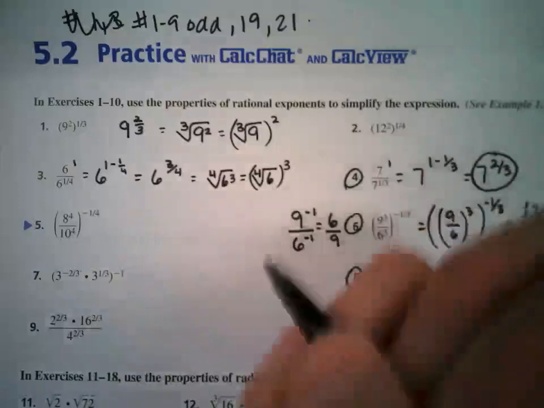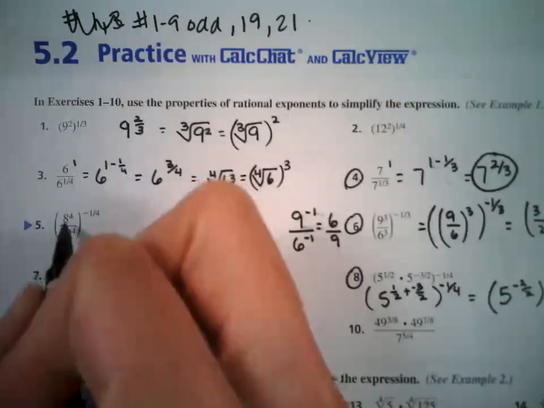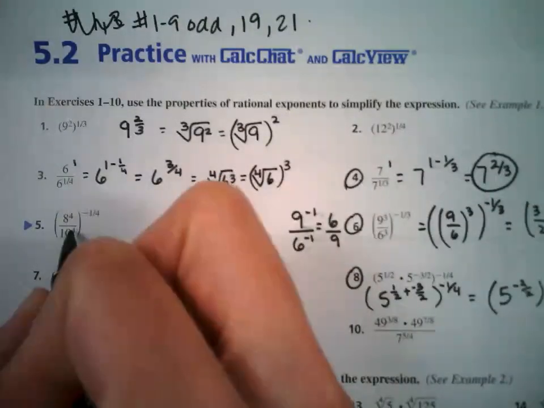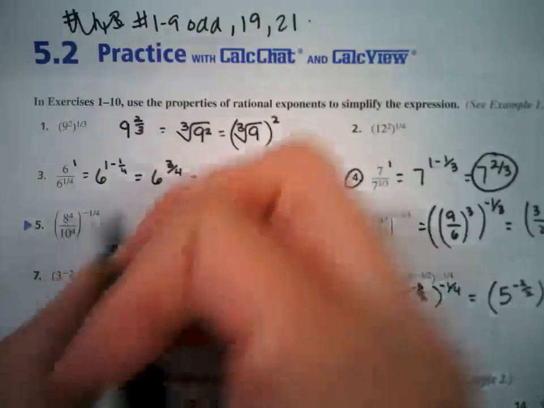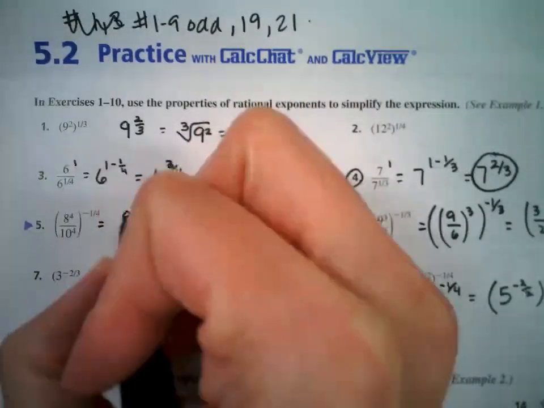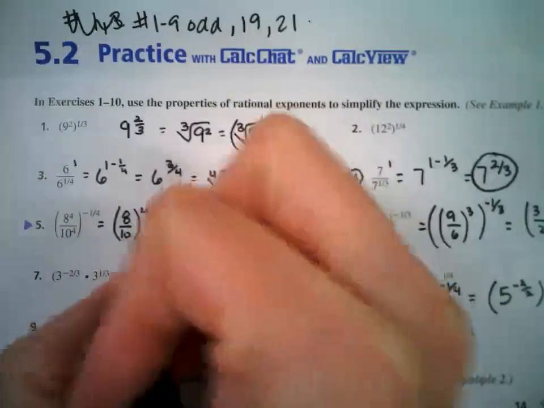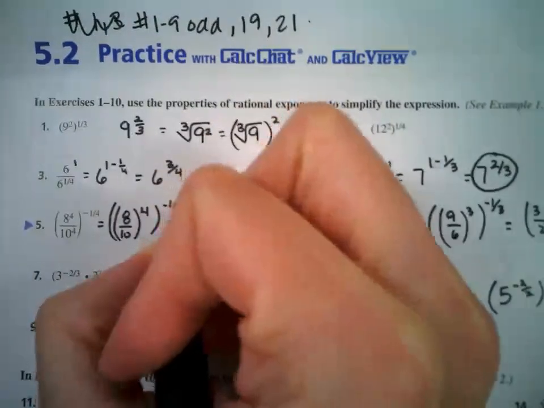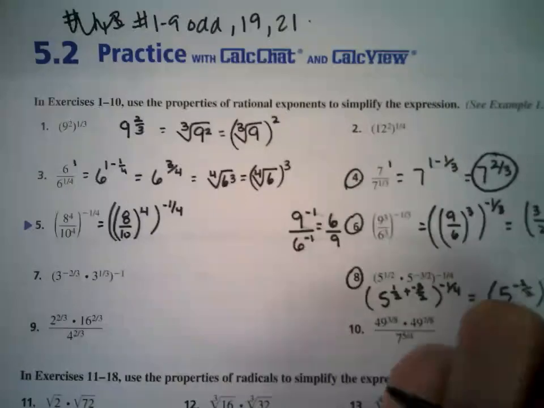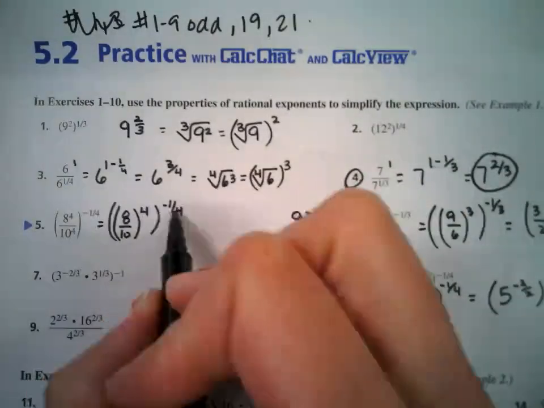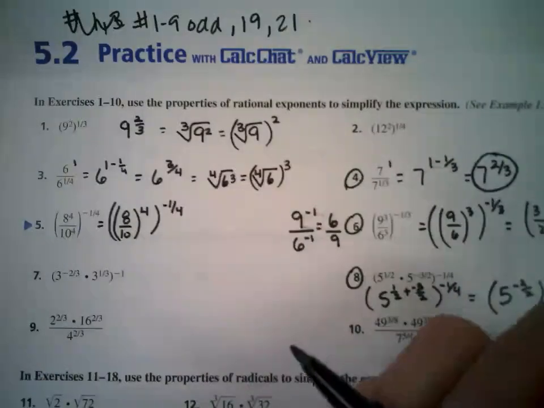All right, for number 5, we have 8 to the 4th and 10 to the 4th. Since they're both to the same power, we can pull that power out. And we have these two exponents that would get multiplied together.